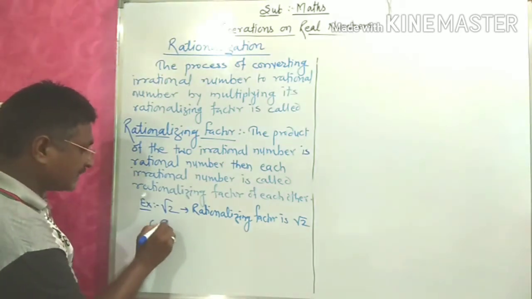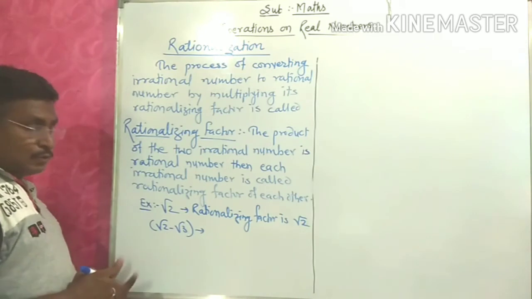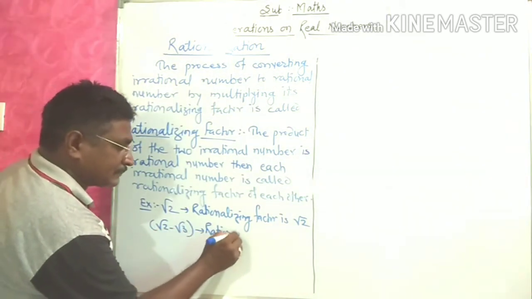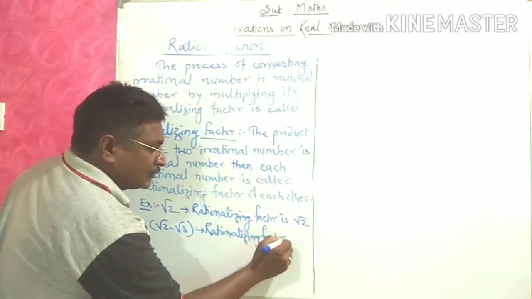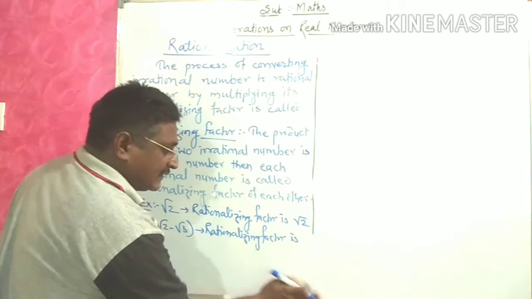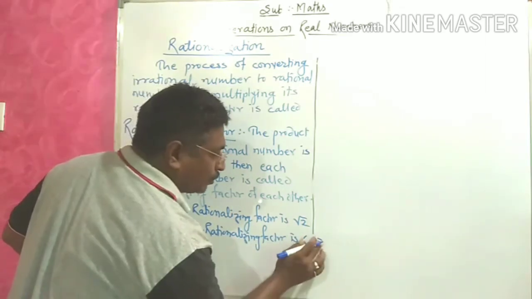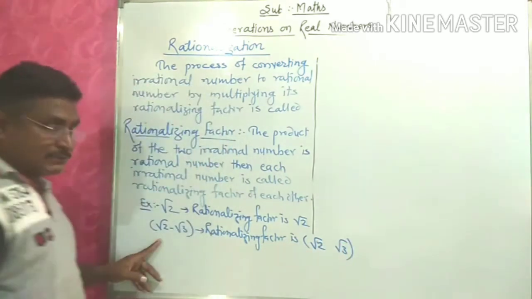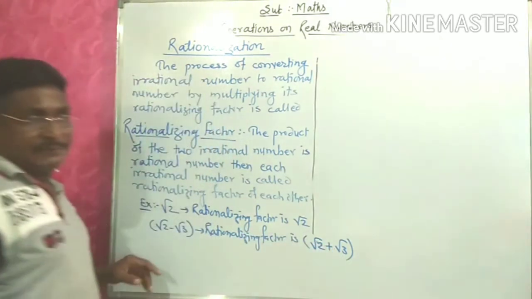If two terms are there, root 2 minus root 3, the rationalizing factor has the same terms, root 2, root 3, but the difference is that here minus is there, so plus will come.